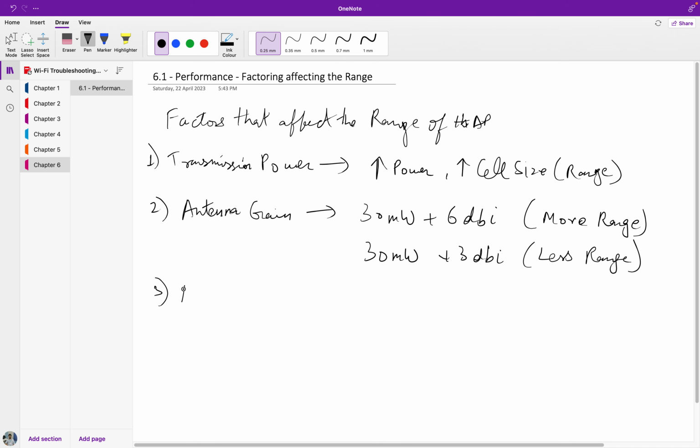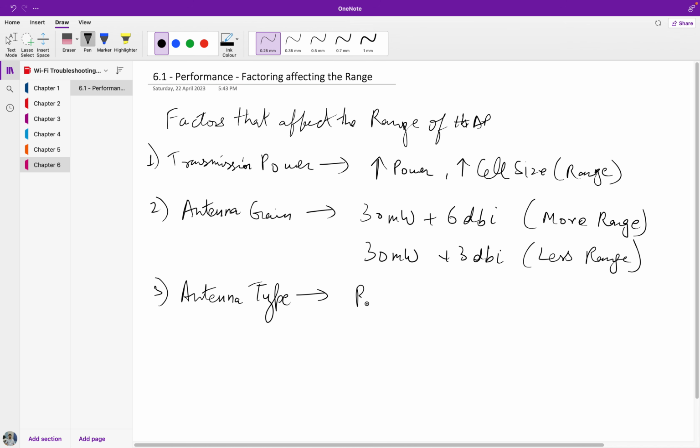The other factor is the antenna type. Basically the antennas have different coverage patterns, whether an omni antenna or a directional antenna, semi-directional antenna, patch, yagi, all those antennas will have different coverage patterns. Using the right antenna type will make sure there is proper coverage and a reduction in multipath and nearby interference.